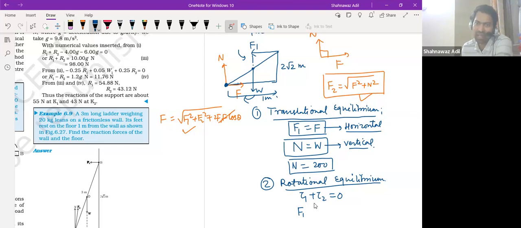Okay, so what is the line of force here? You tell me. Line of force is F1, the line above W. This is the line of action of F1. And what is the perpendicular distance from this point?